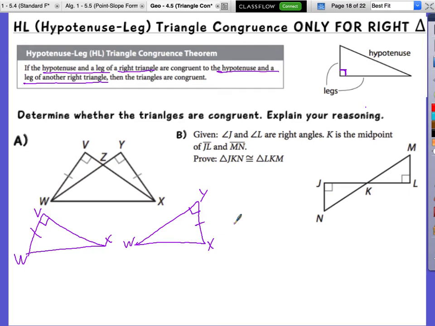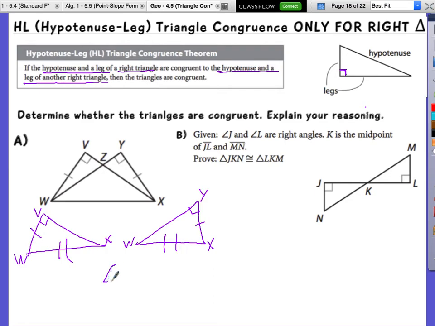Tommy, did you say yeah? Someone say yeah? I am saying yeah now. Why are you saying yeah now? Because in the first drawing, they shared WX. In the first drawing, WX is the same, right? Is WX congruent to WX? Is it the same length as itself? Do we have enough to prove these triangles congruent now? We have the hypotenuse and a leg congruent to the hypotenuse and a leg.